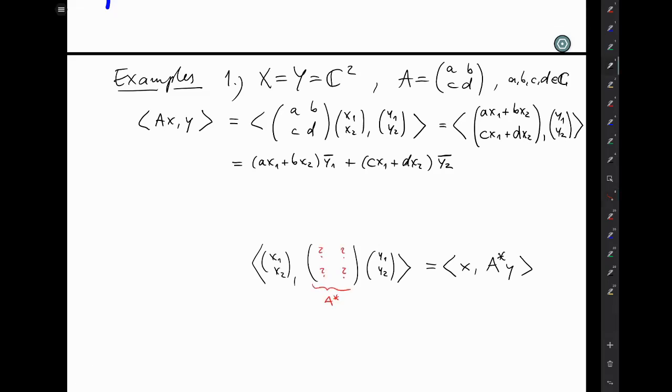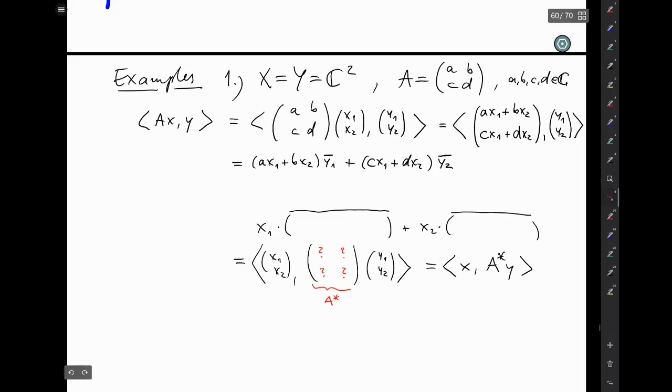Okay, but that's helping already, because we can kind of see that if you express this scalar product, you get x1 times the first component of the second vector, and don't forget the complex conjugate bar, plus x2 times the second component of this second vector, and don't forget the complex conjugate bar.